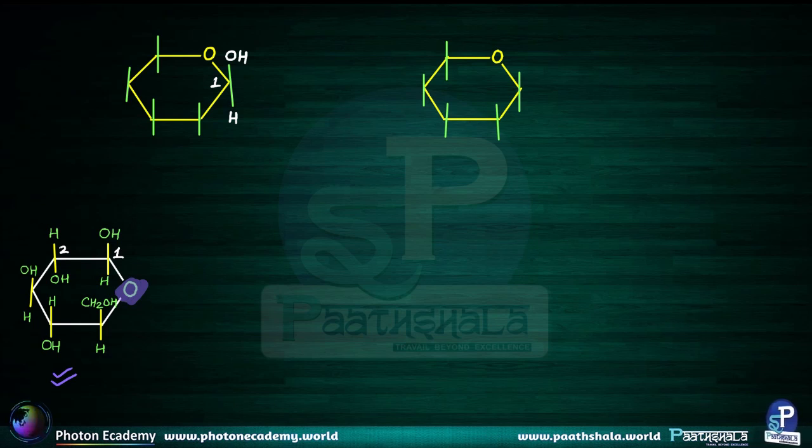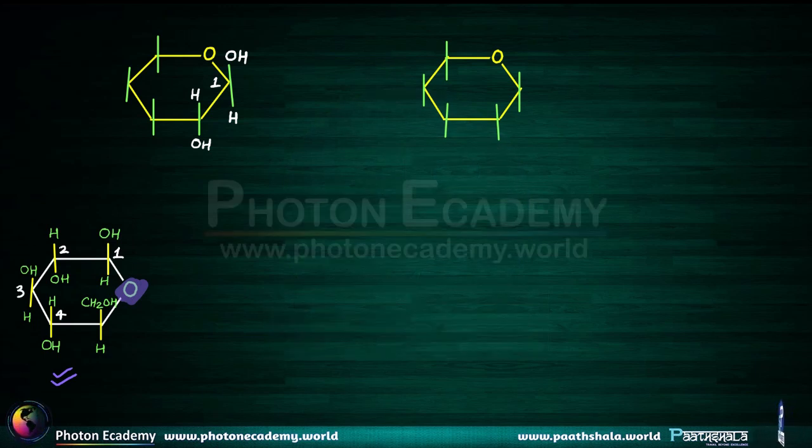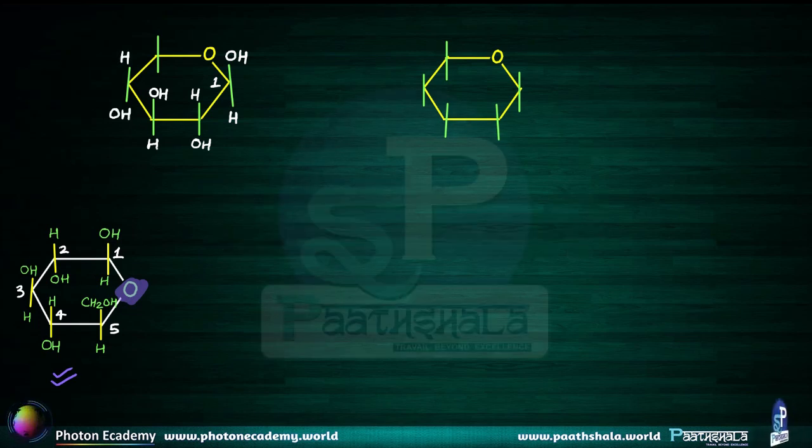So I have H at the top and OH at the bottom. At the third one, I continue this till all the carbons are covered, and I've got OH on the top and H at the bottom. Then at fourth, I've got H at the top and OH at the bottom. And in the last one, I've got CH2OH at the top and H at the bottom.